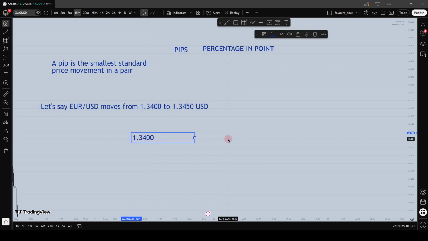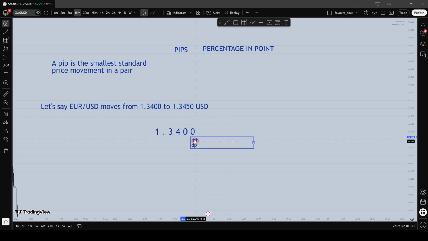1.34. So this is the fourth decimal place. This is how pips is calculated.